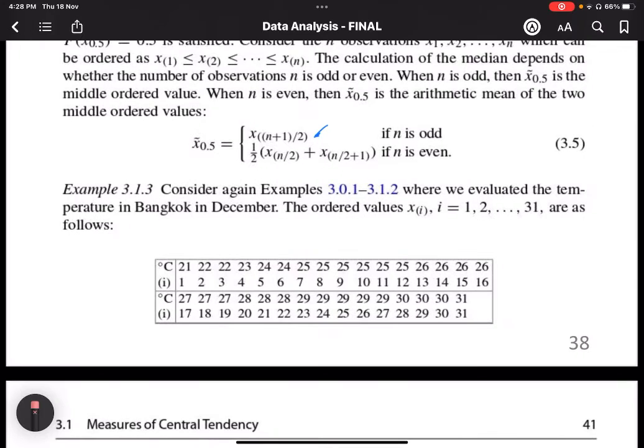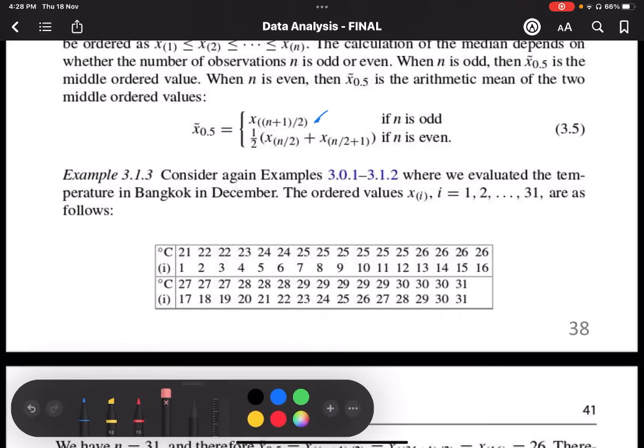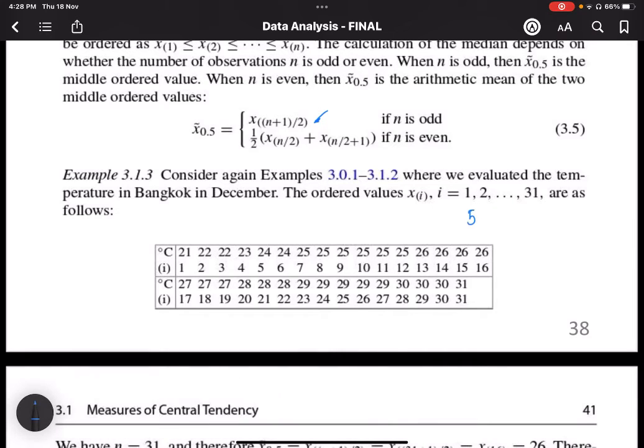So complicated kasi itong example na to, but if we use a simple example, for example, we have 5, 10, 10, 15, 16. Yung even muna tayo. So we have 6 data, so even siya.